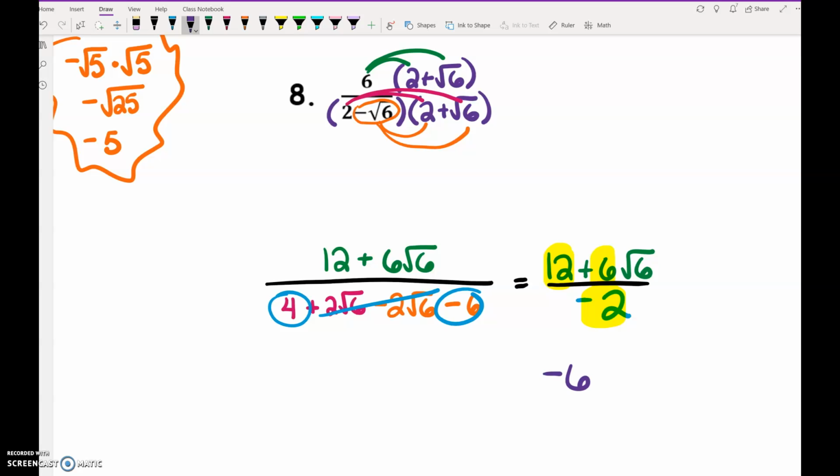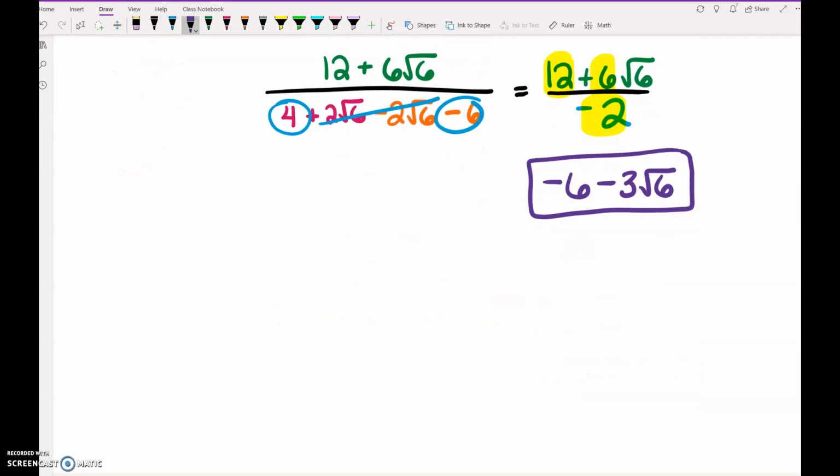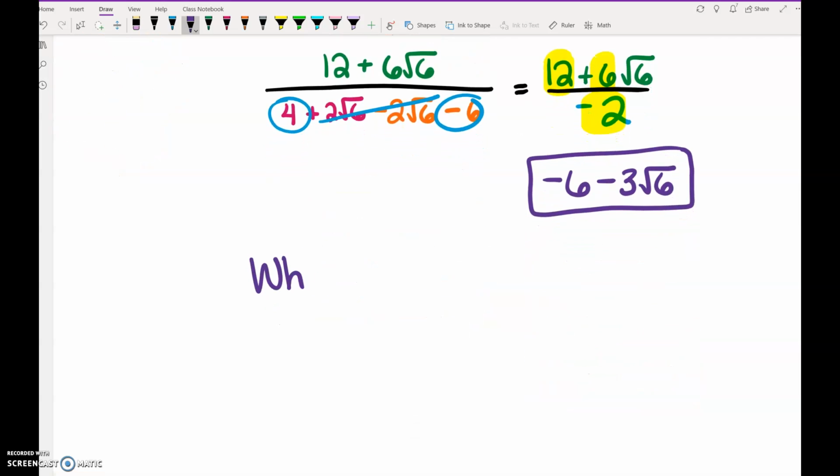Positive 6 divided by negative 2 is negative 3. We still have that square root of 6. And negative 2 divided by negative 2 is 1. Do we need to put over 1? No, we do not. So this would simplify to negative 6 minus 3 times the square root of 6. Can you do a negative 9?